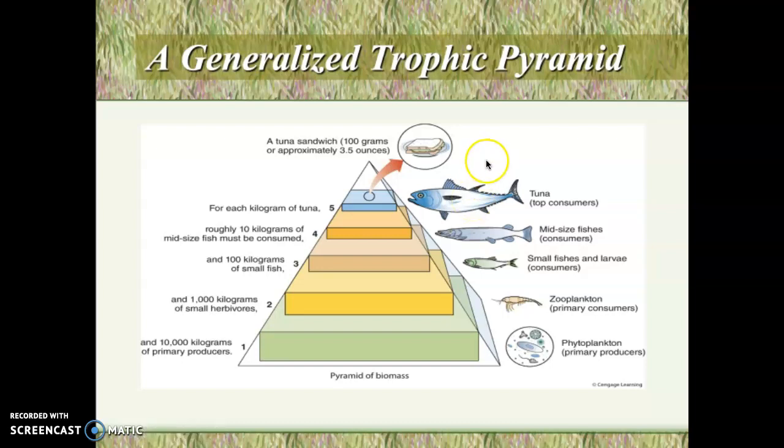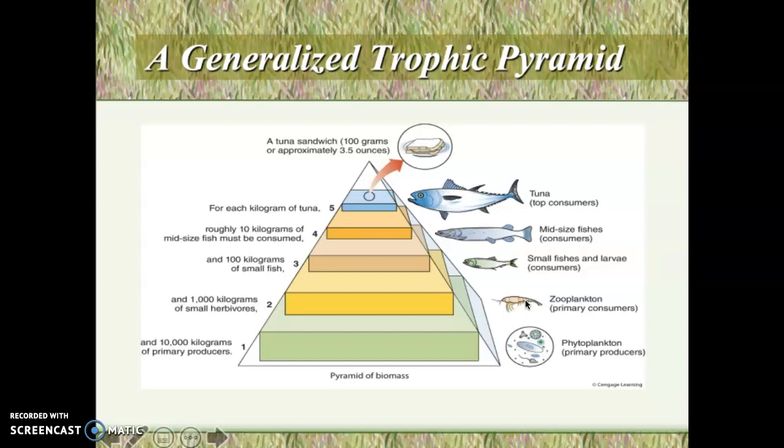And so the trophic pyramid shows us that at the base, we have lots and lots of photosynthesis. And as we move up through the system, each level gets smaller because as you go from one level to the next, some energy is lost. The zooplankton, for example, uses some energy to swim around.